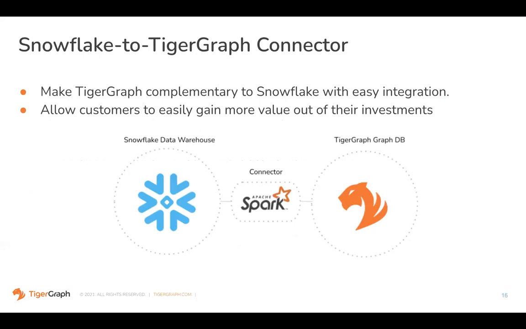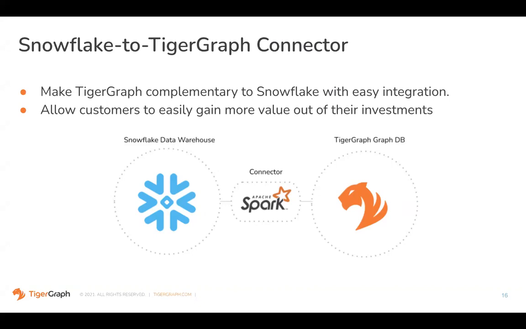So integration wise, this is a quick, very high level overview of how we see Snowflake and TigerGraph working side by side. As I said, these are complementary technologies, right? TigerGraph has its own strengths, Snowflake has its own strengths. The idea is to bring them together based on a business need perspective.